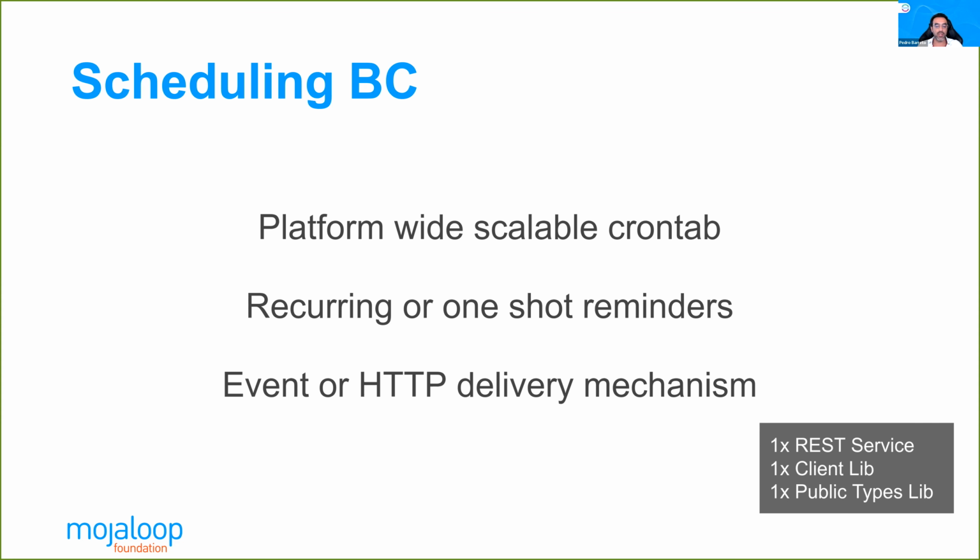Essentially, this allows an application to register for either a recurring or a one-shot reminder that says, hey, in 5 minutes time, send me an event, or in 5 minutes time, call this URL, which probably belongs to my application, or every day at 2 o'clock, send me this event or call me at this HTTP address.